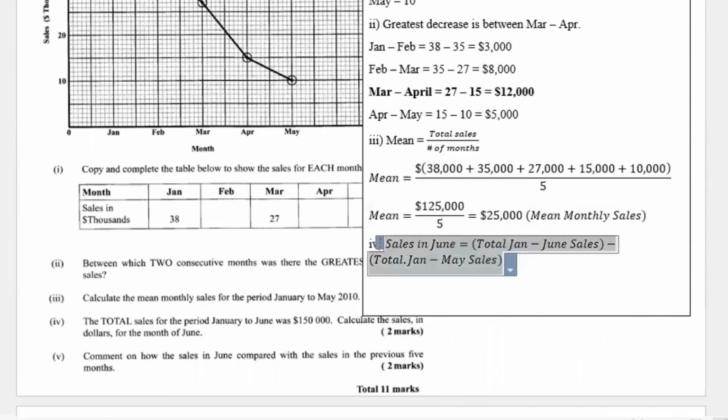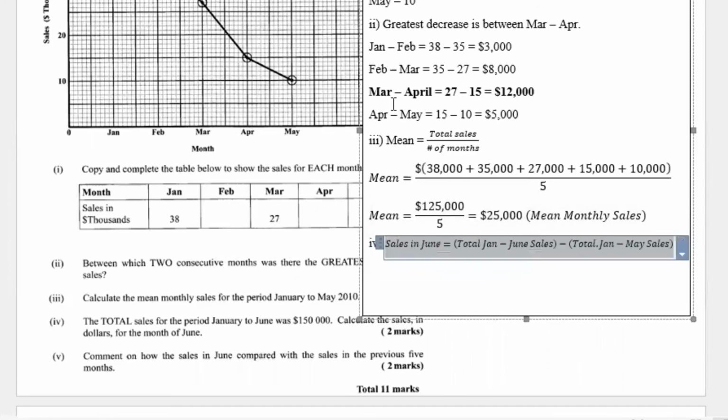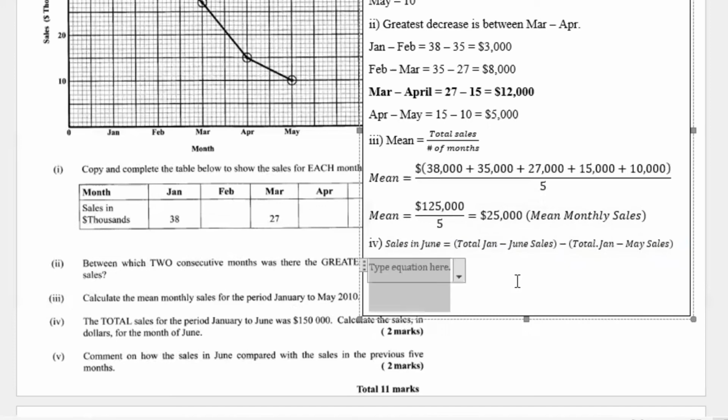You can go in one line, make it a bit smaller. So sales in June is equal to the total January to June sales, which would be 150,000, minus the total January to May sales, which would have been 125,000.